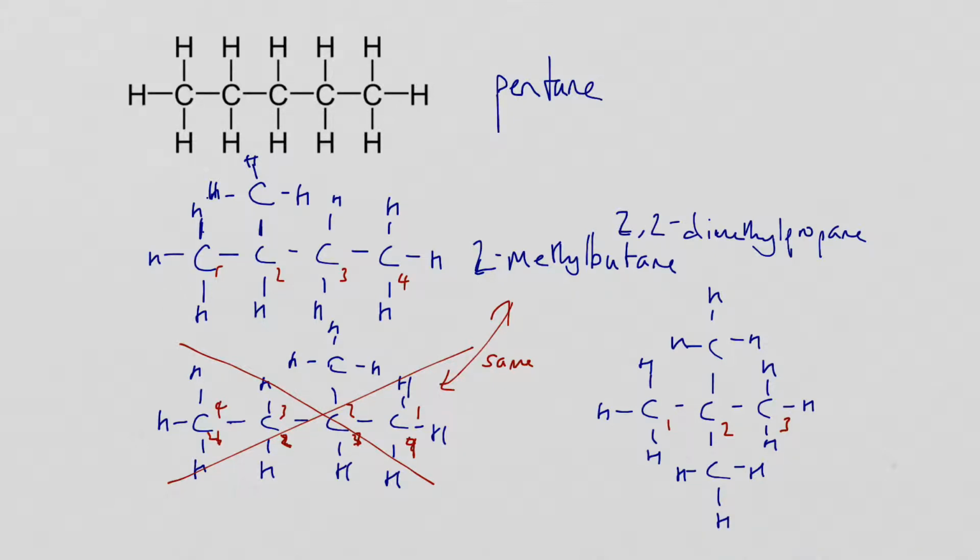And what you find is for pentane, all of these different versions of pentane have got 1, 2, 3, 4, 5 carbons. And if you add up these hydrogens, it's 12 hydrogens, 12 hydrogens, 12 hydrogens. So they're all the same formula, which is C5H12, but we've got 1, 2, 3 different isomers, 3 different arrangements for C5H12.